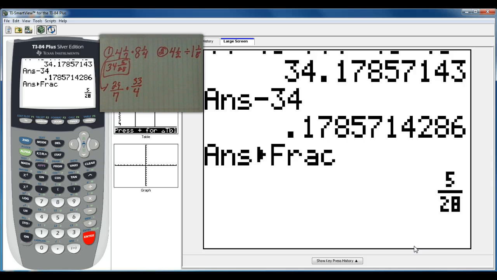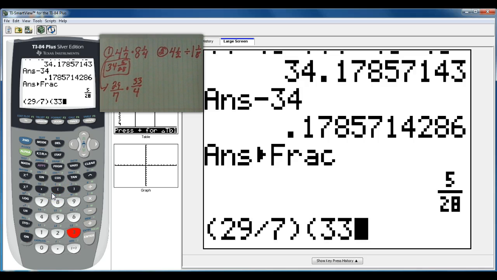Then instead of having to put in all that plus stuff for the mixed numbers, I can just put in my improper fraction, simply putting in 29 divided by 7, and then that was times, parentheses indicates times, so I don't need to put a times, and then 33/4.